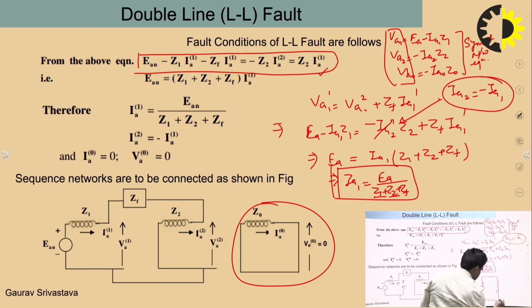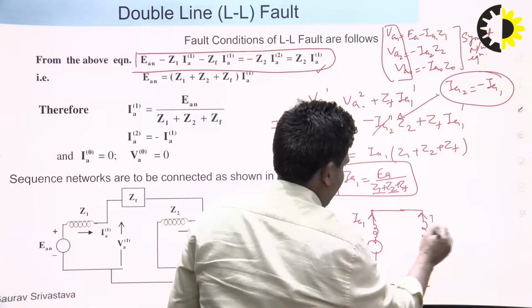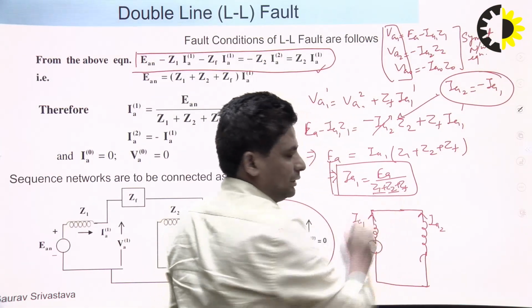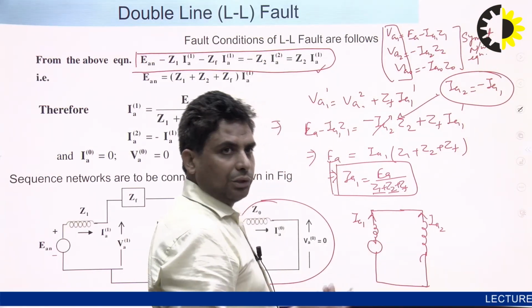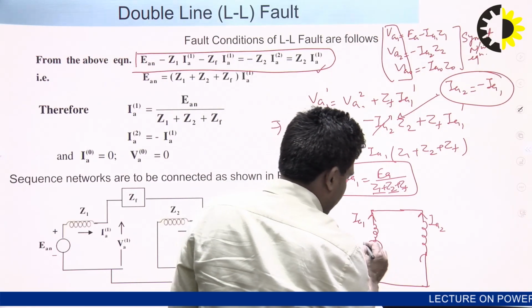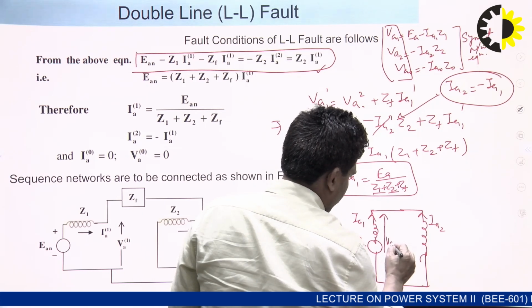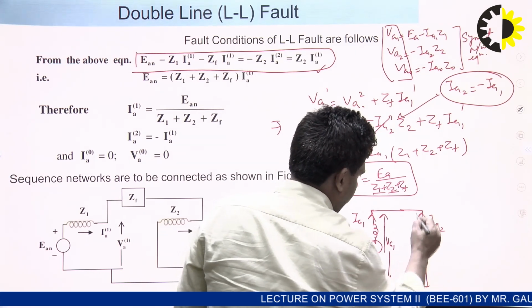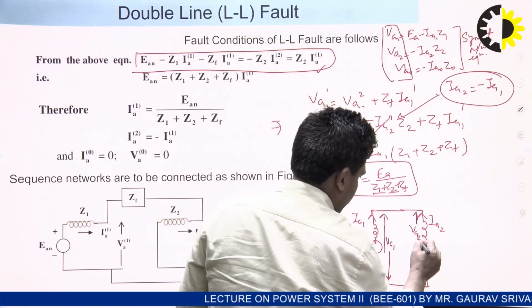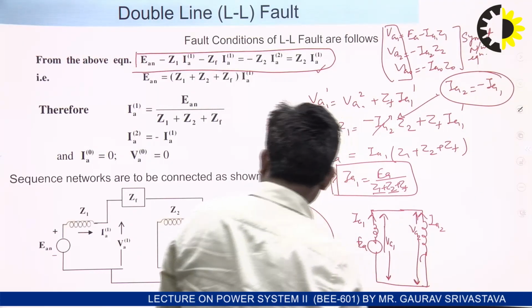So that is the current Ia1, and that is again Ia2. That's why they are shown in the same direction, so the value is just opposite. Similarly, that is the Ea, and the net voltage we define as Va1, and here the voltage is defined as Va2. Clear?